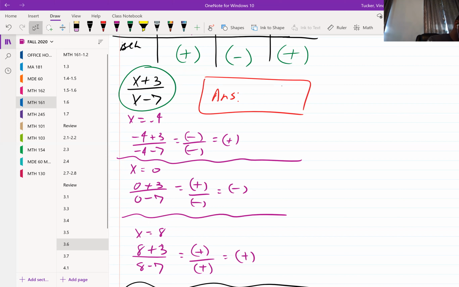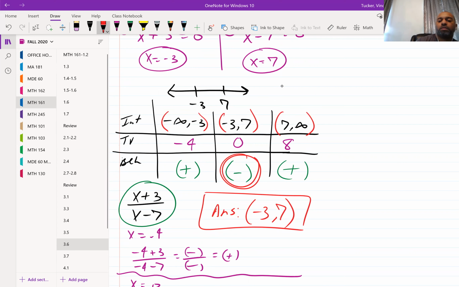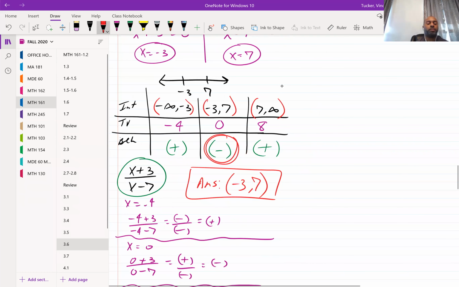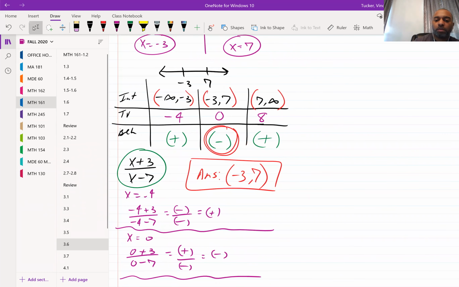That's right here. So our interval is going to be negative 3 to 7. Any questions?